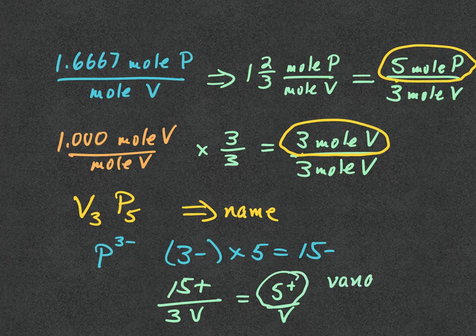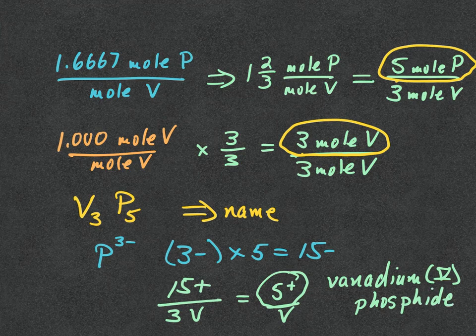And so we know vanadium has a charge of 5, and so now we know this compound is vanadium(V) phosphide. So with an ionic compound, the empirical formula is the fundamental formula unit.